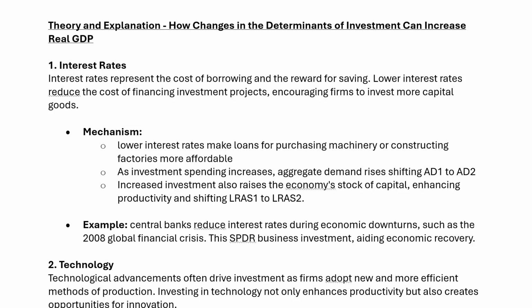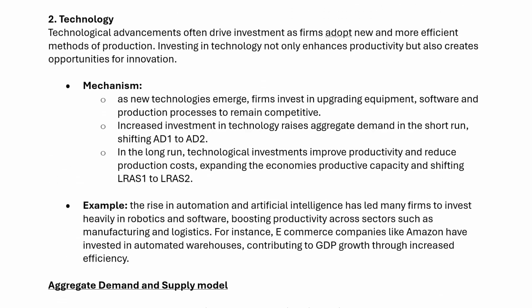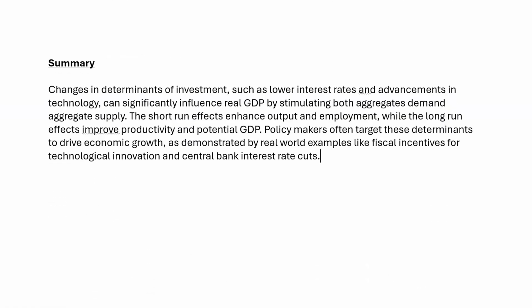So this occurs through interest rates and through improvements in technology, and then we finished off by integrating aggregate demand and supply model effects. Okay, so I think that about does it for the first part of question 2. Let's move on to the second bit.